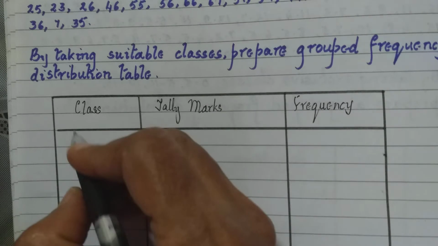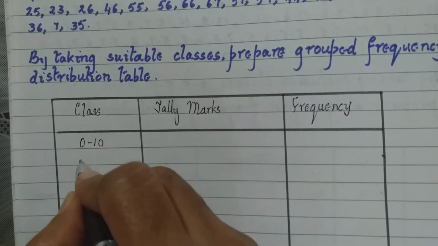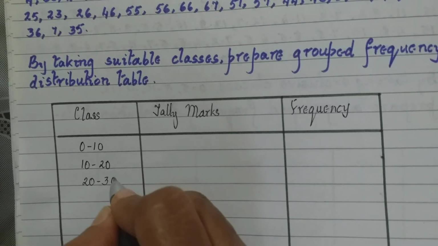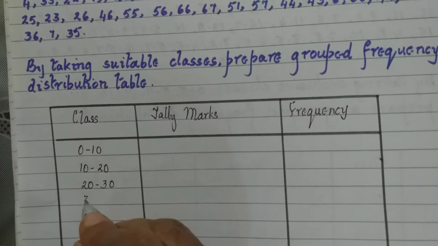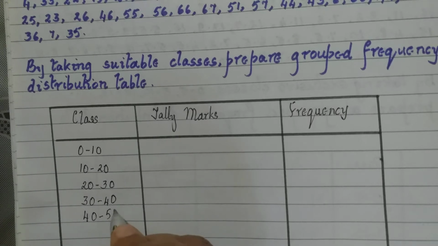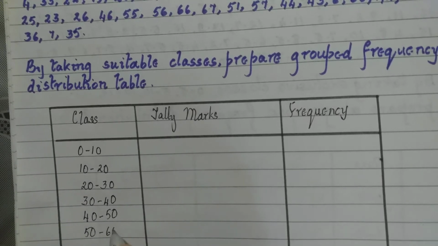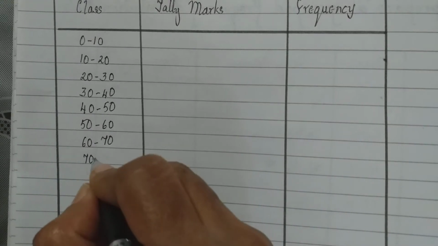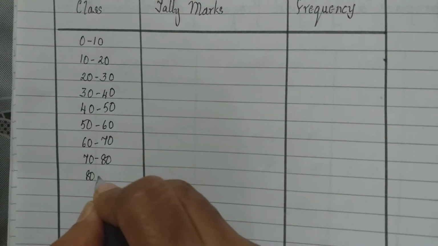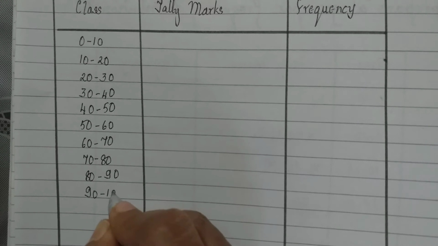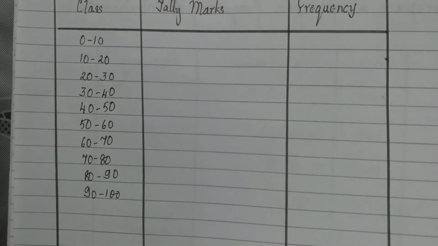So we start here 0 to 10, 10 to 20, 20 to 30, 30 to 40, 40 to 50, 50 to 60, 60 to 70, 70 to 80, 80 to 90, and 90 to 100. Now we start putting the tally marks according to what is given.